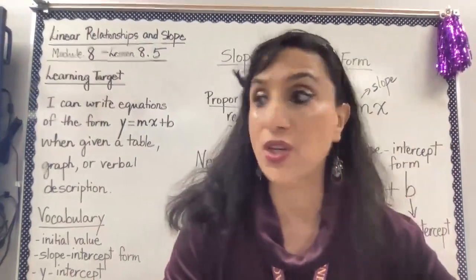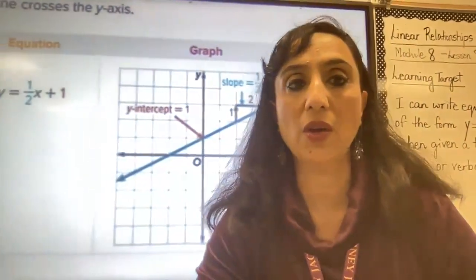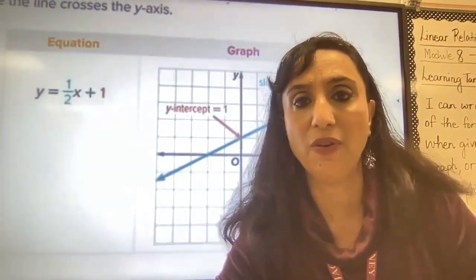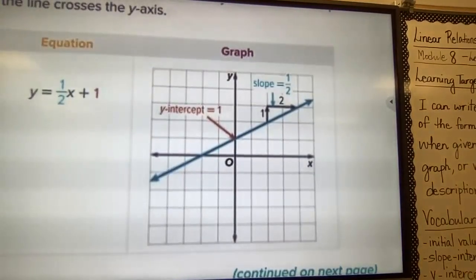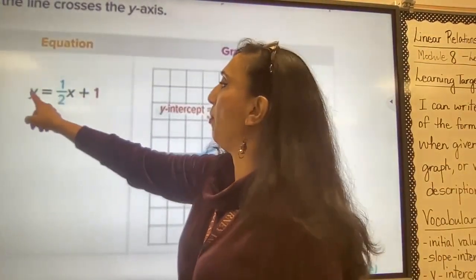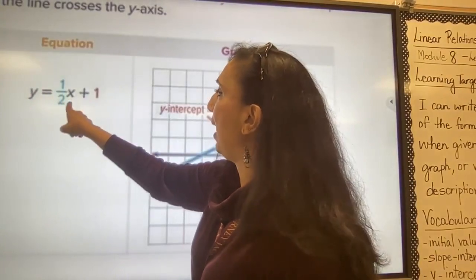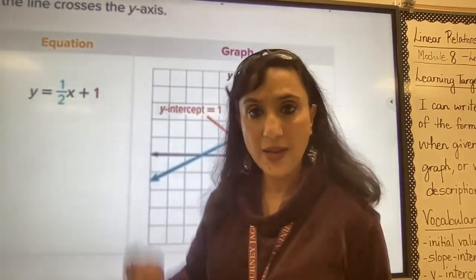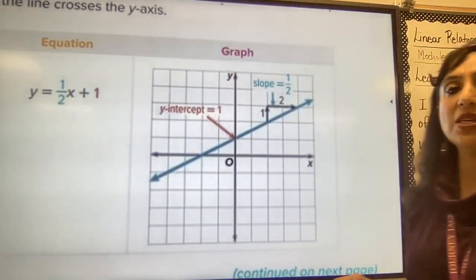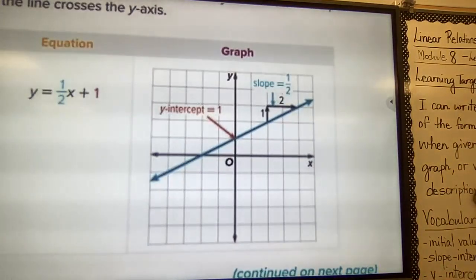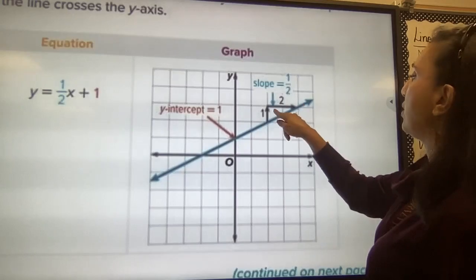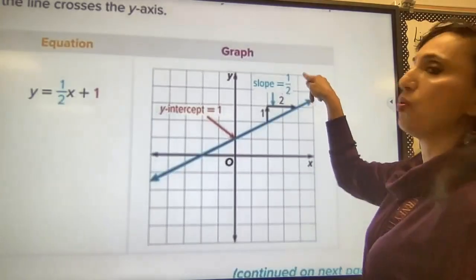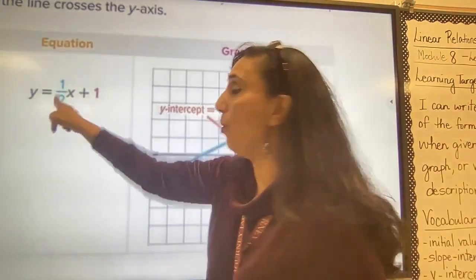So let me go ahead and show you a graph. Let's look at this graph over here. As you can see, the equation is written in the form y = mx + b, and we can see the m is the slope. You have your rise over run, so 1 over 2, which is 1/2, and that's the slope.